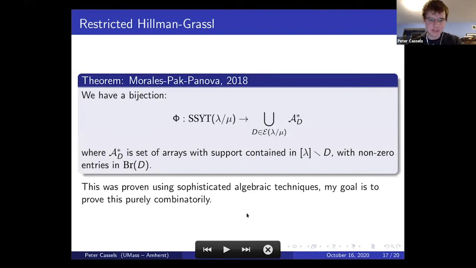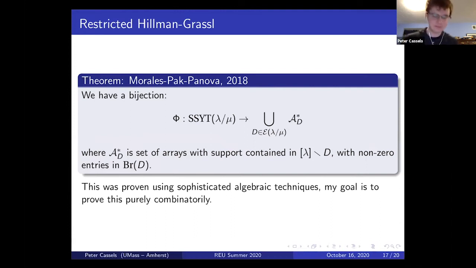They gave a sophisticated algebraic proof of this result, that the Hillman-Grassl algorithm restricted to the SSYT gives us a bijection to a union of arrays with support in the broken diagonals.